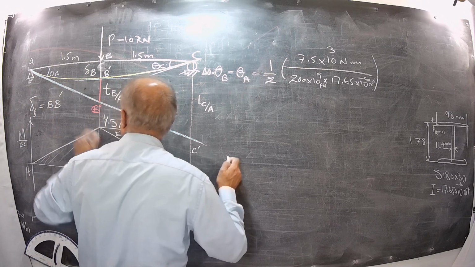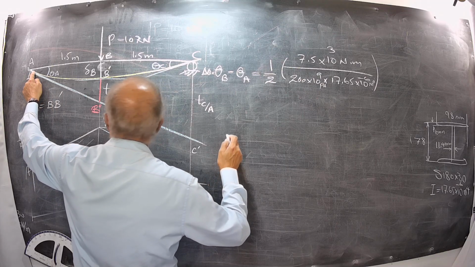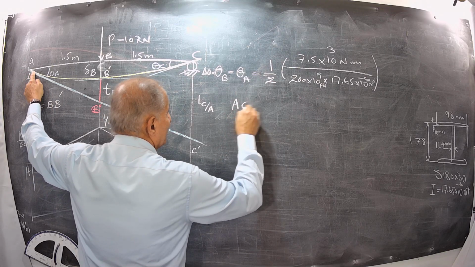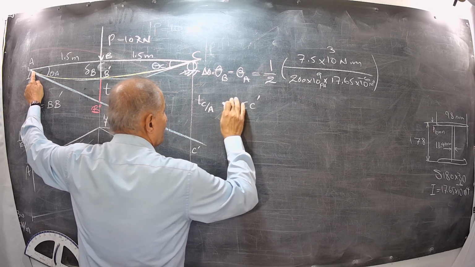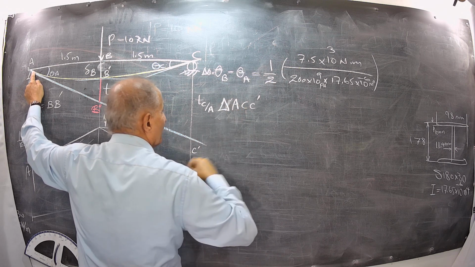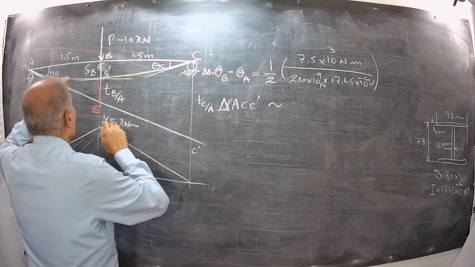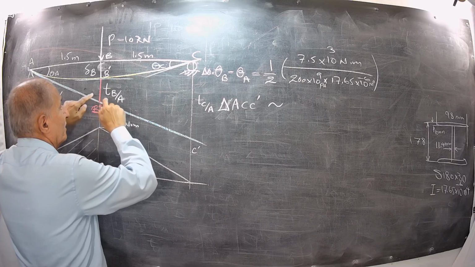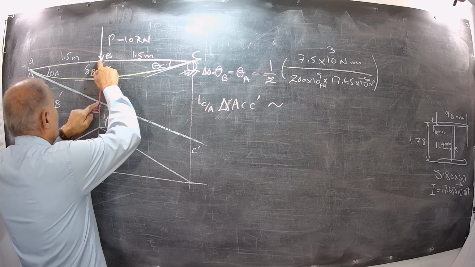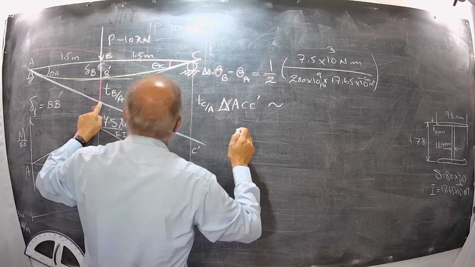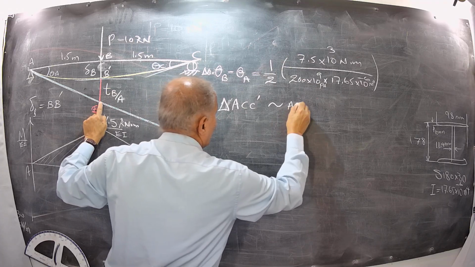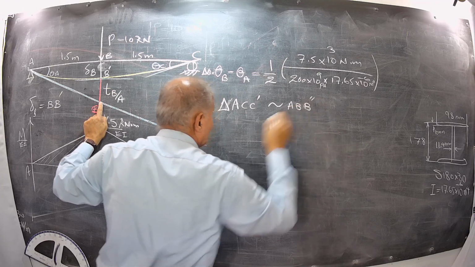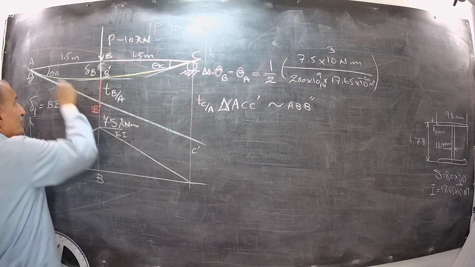geometry. Okay, consider triangle AC C', which is similar to the small triangle A, B, B''.